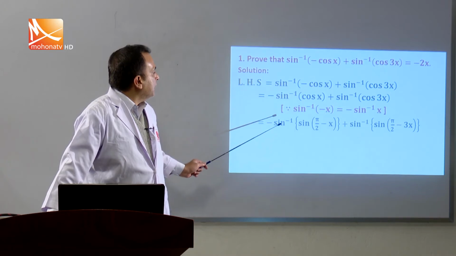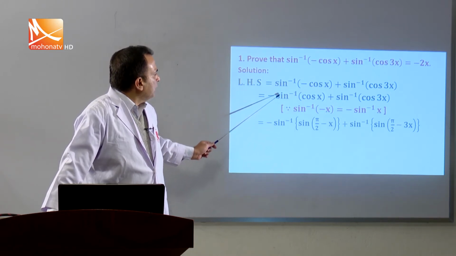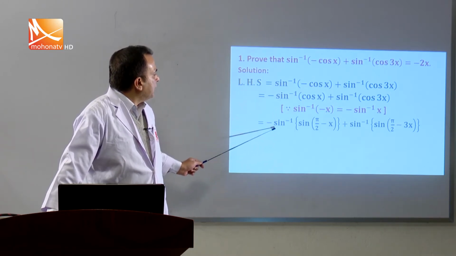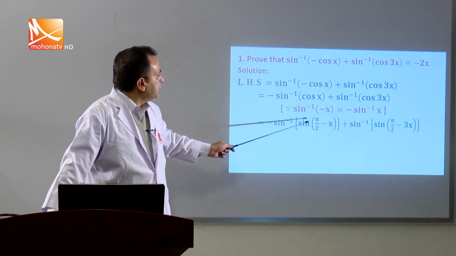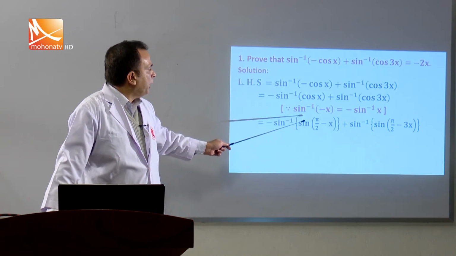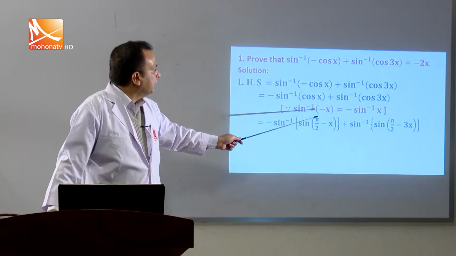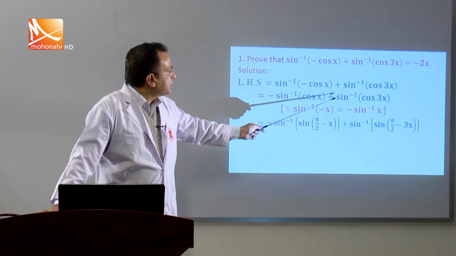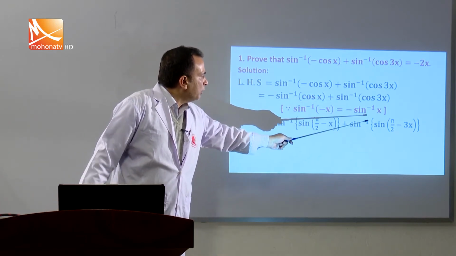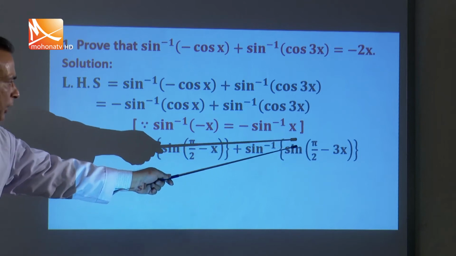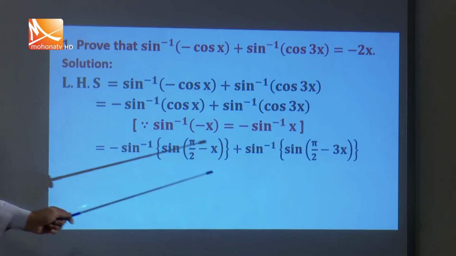Then minus sin inverse of this cos x, we can rewrite this into the form sin of pi by 2 minus x. Similarly, plus sin inverse of cos 3x we can rewrite into the form sin of pi by 2 minus 3x.